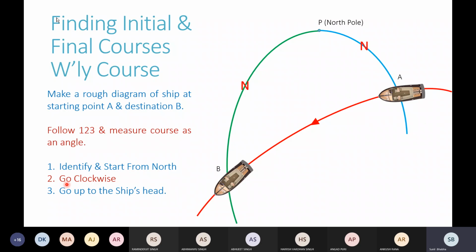Now the second step is, from this northerly direction we go clockwise and we go up to the ship's head. So at our position A, starting from the northerly direction, moving in the clockwise direction, I go up to my ship's head. So this light blue color arc and arrow shows us the initial course of the ship.